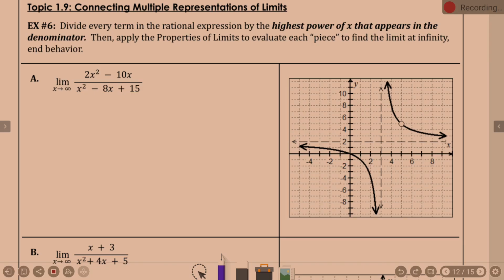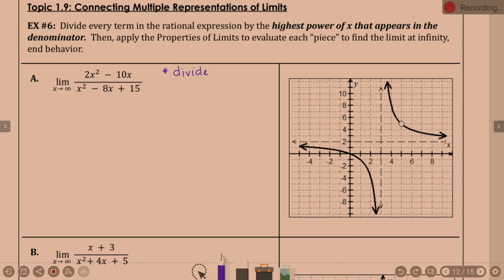Okay, so what I'm going to try to do here is show this algebraically and why it works. As I said, they do give you a graph here, but we are going to divide every term in both the numerator and the denominator by the highest degree in the denominator.